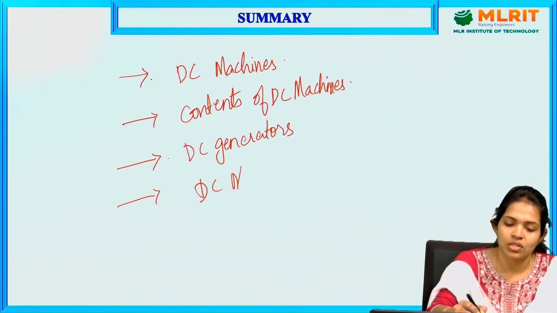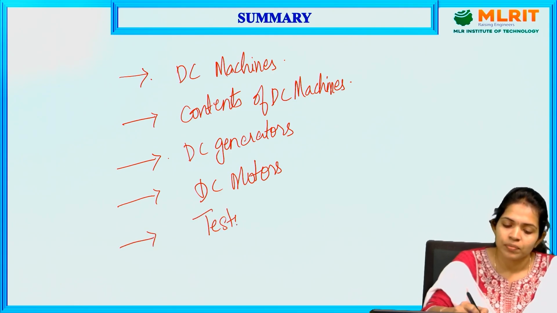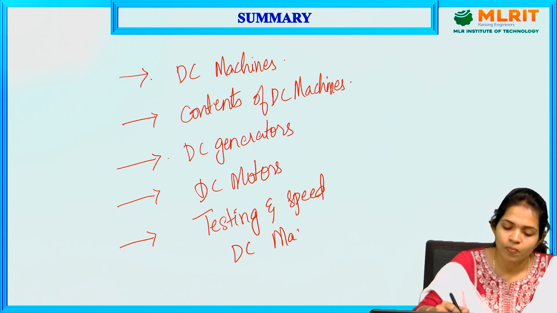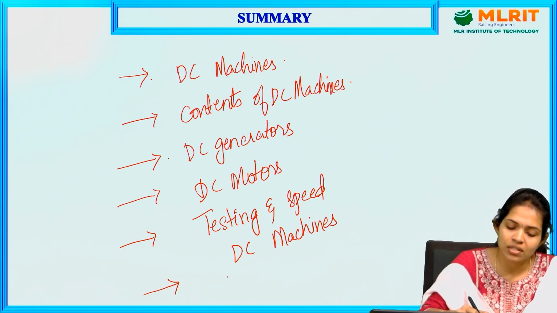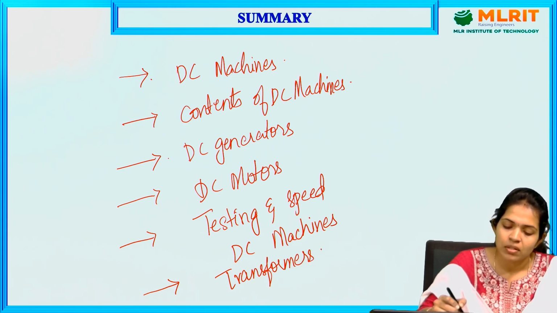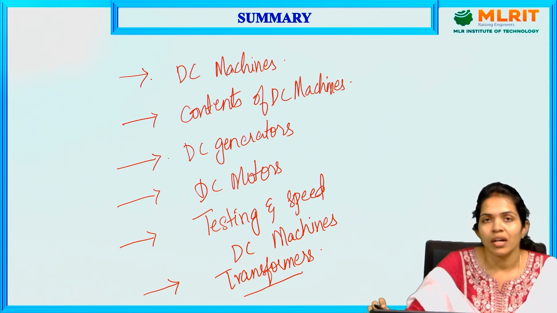We have discussed DC motors. Then we have discussed the testing and speed control of DC machines. Then we have also discussed transformers, single phase transformers. All these topics will be covered under this course.